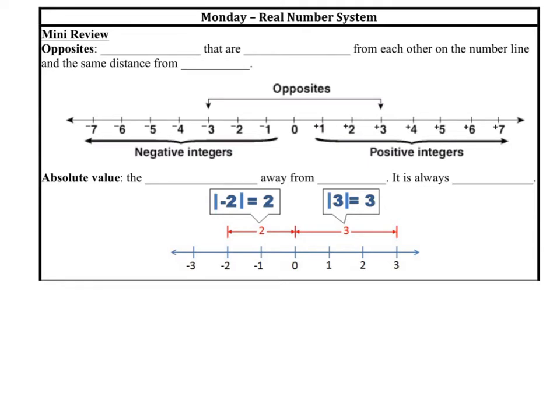So last week we started talking about opposites, and opposites are numbers that are opposite from each other on the number line and the same distance from zero.